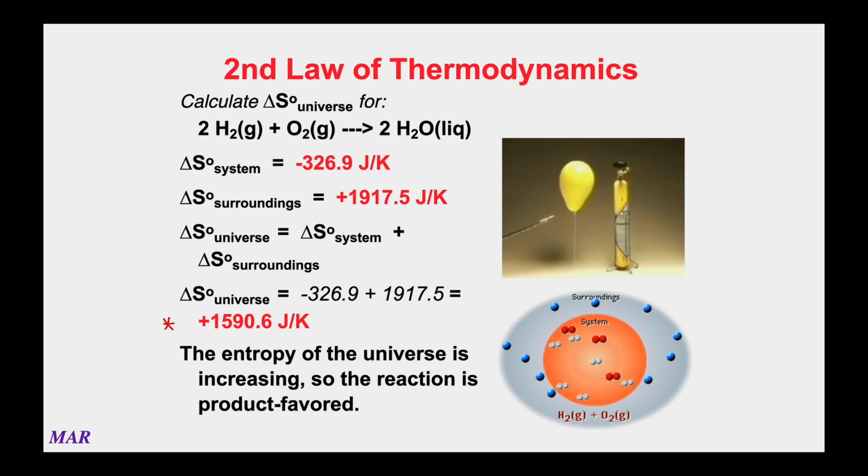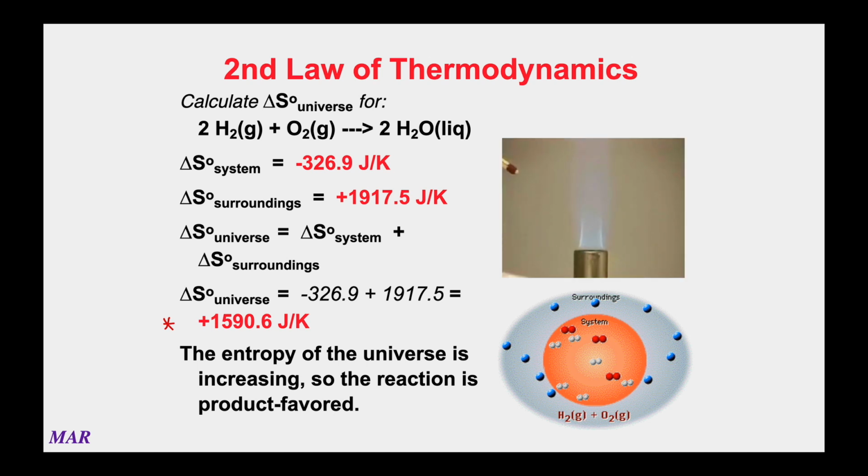A balloon filled with hydrogen and surrounded by air represents a potential chemical reaction. To initiate the reaction, we need to ignite the balloon. The hydrogen will combine with oxygen in the air to form water in gaseous form, releasing considerable energy in the process.